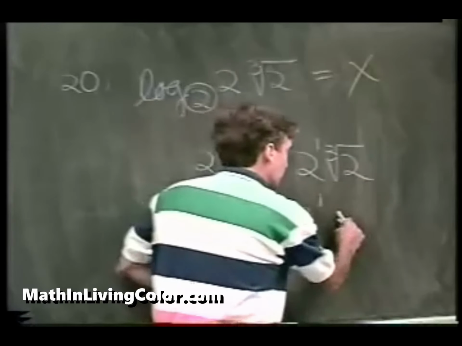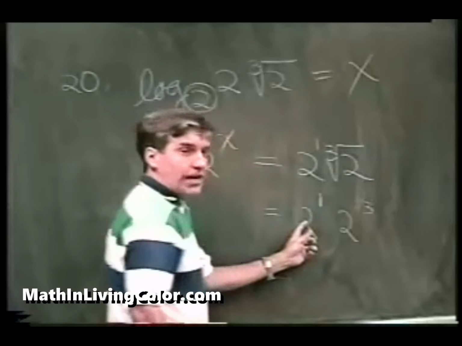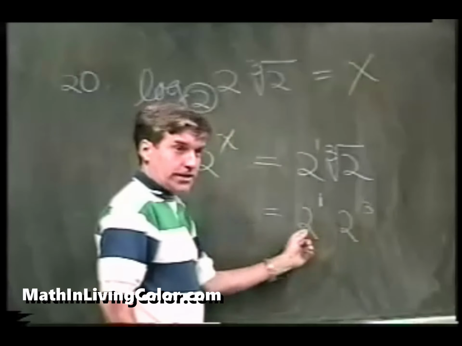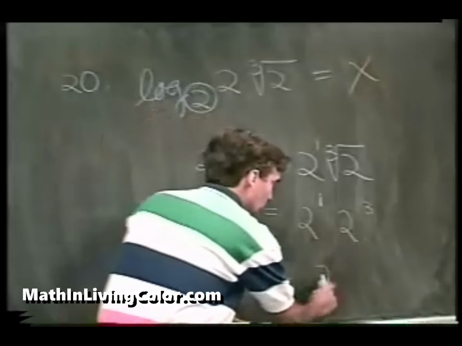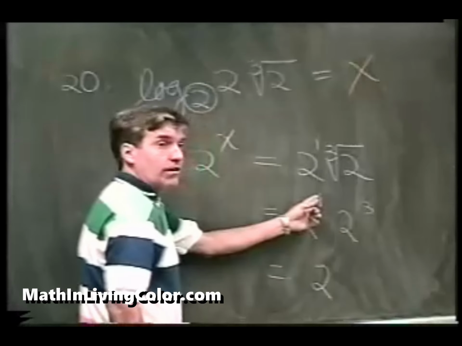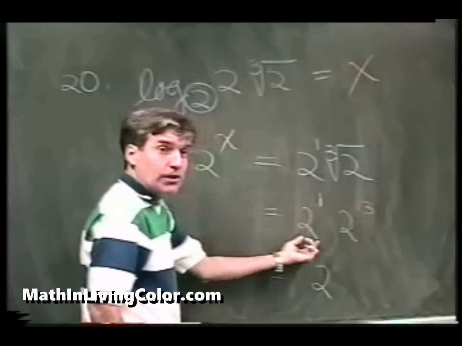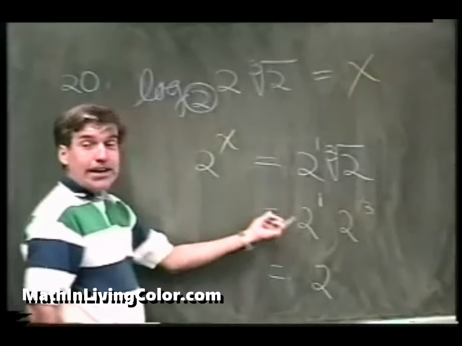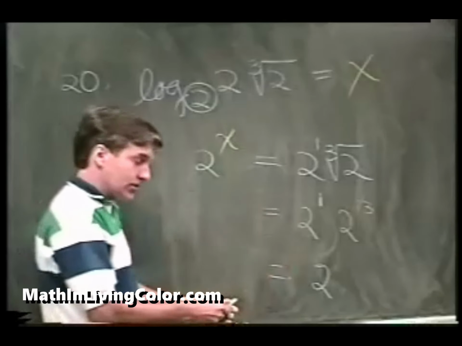That would be 2 to the 1/3 power. When you multiply, you put down the base number first, by the way. What would that be? 2 to the power of 1 and 1/3. When you multiply, you add exponents, right? So that would be 4/3.